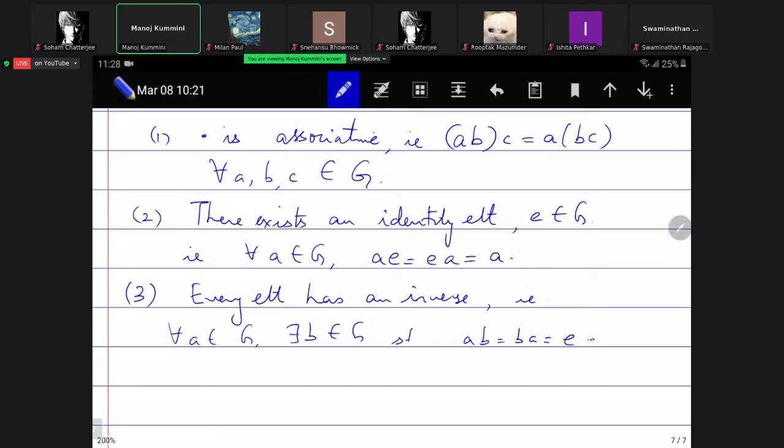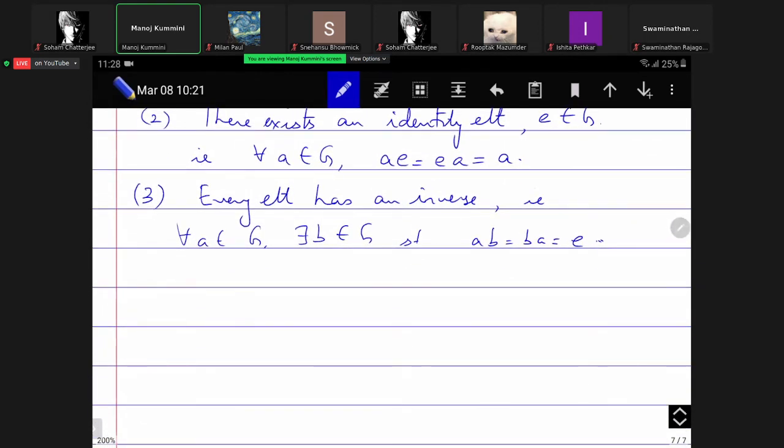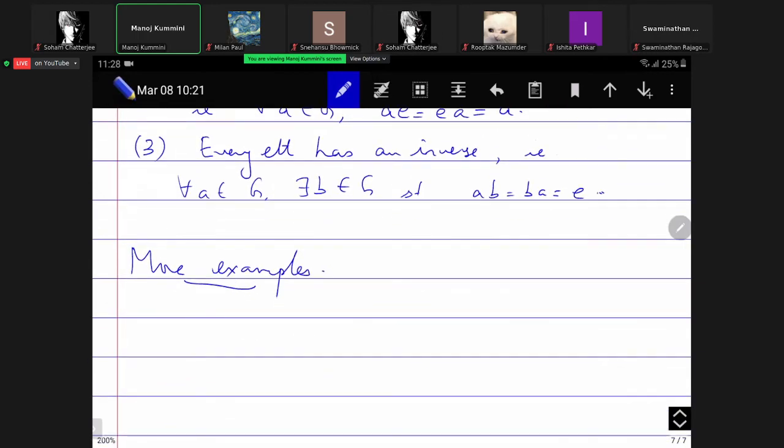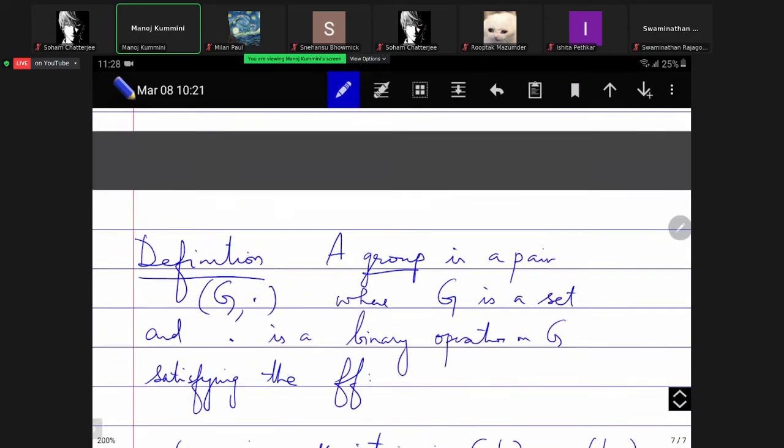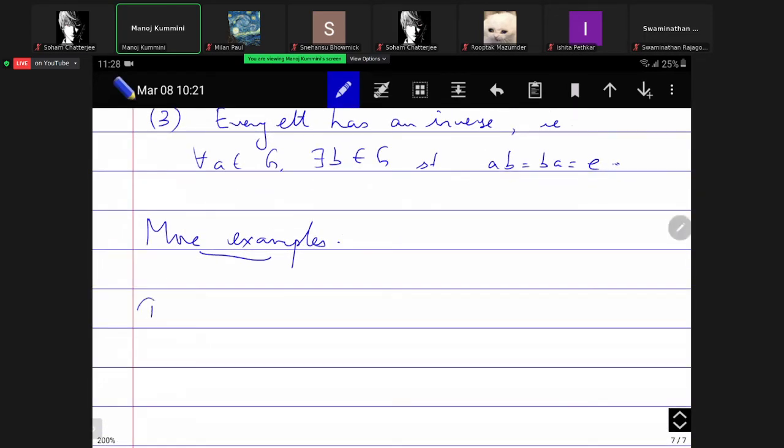Another important class of more examples. Okay, so one that somebody already mentioned. What was the number here? Maybe I'll still start with one since I call it more examples. Vector spaces.